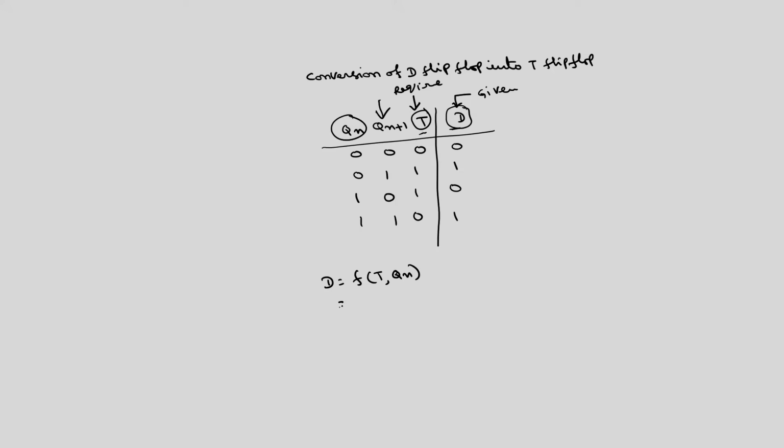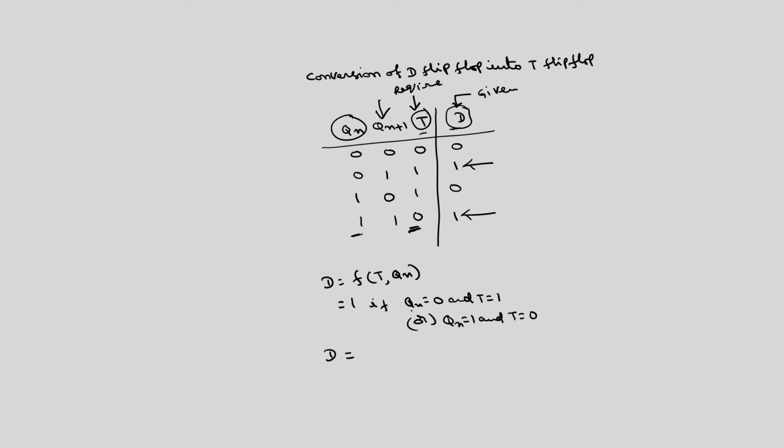So, what is the expression? Wherever D is equal to 1, you read the corresponding terms. D is equal to 1 if Qn is equal to 0 and T is equal to 1, or here also 1, Qn is 1 and T is 0. So, what is the Boolean expression for D?